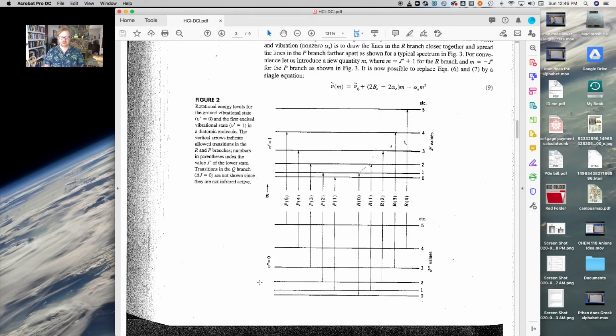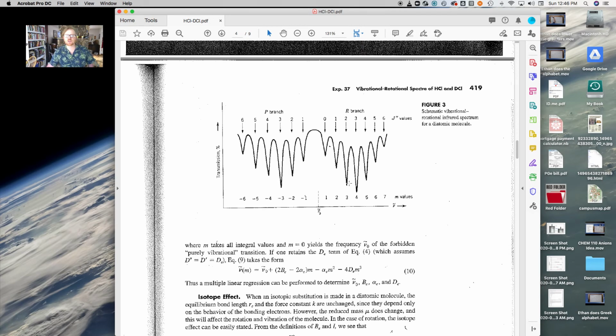So this is the v equals 0 state, and this is the v equals 1 state. The J double prime correspond to the ground vibrational state levels. The J single prime correspond to the vibrational excited state levels. And so you notice the way that goes here on the P branch, that's going to refer to J double prime for 1, because since it goes to minus 1, it has to go from 1 to 0.